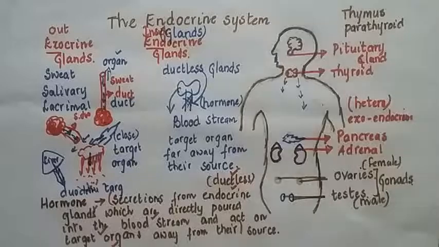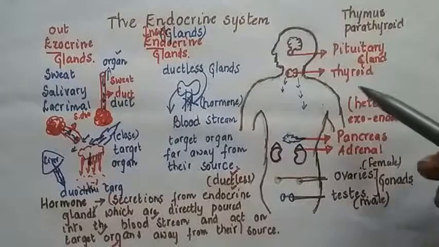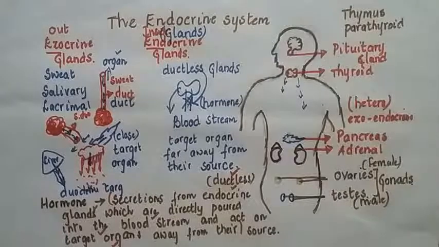It is not in the syllabus, but we are going to learn all these glands in detail. Fine, children? Before we learn about each and every gland in detail, let us learn a few characteristics of the endocrine glands or the hormones.